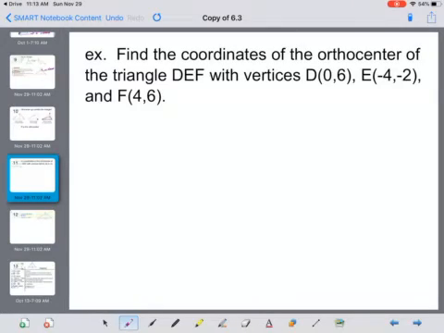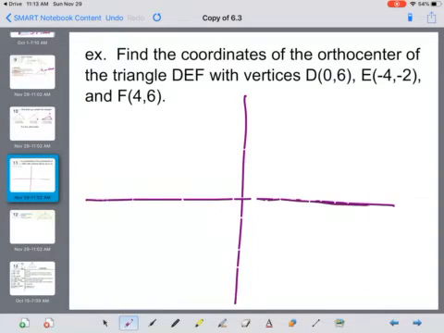So find the coordinates of the orthocenter of this triangle. First off, we need to graph the triangle.